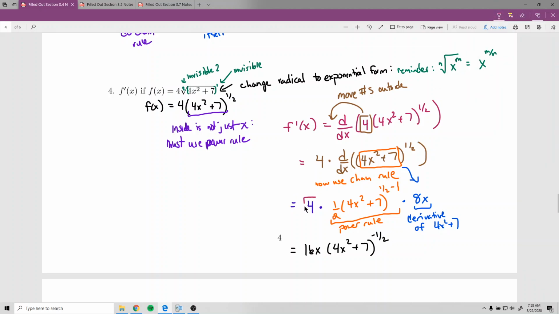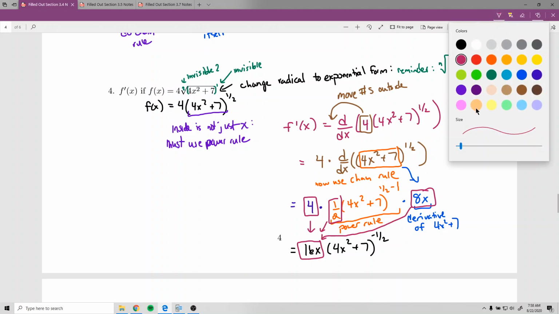And so, this 4, just to highlight again, 1/2 and the 8x, it's all multiplication. We multiply all that to become the 16x. And then the other part, just simplify the power.